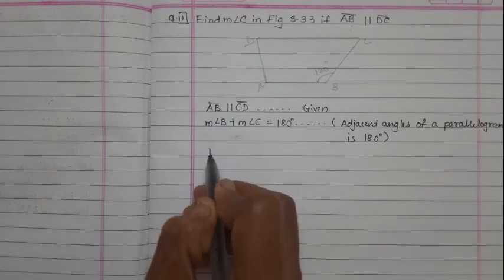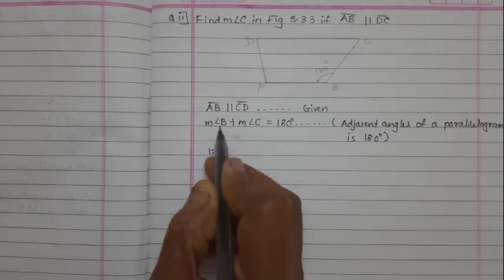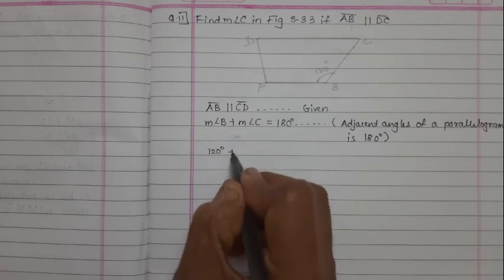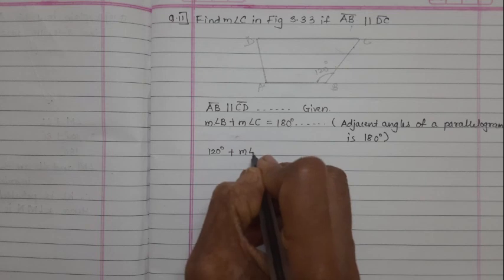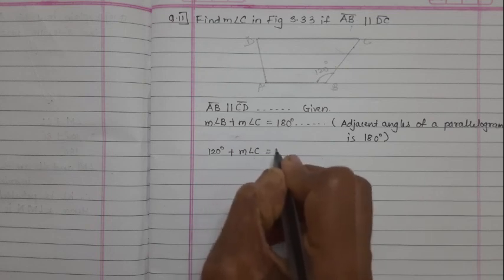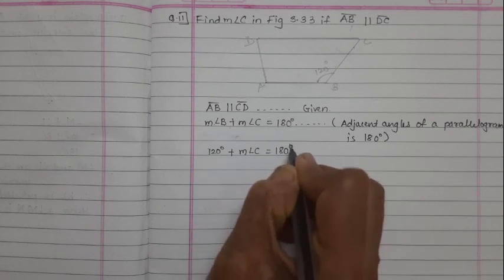Angle B is given 120 degrees. So I have written that, plus angle C, which I don't know, I will write as it is. Angle C is equal to 180 degree.